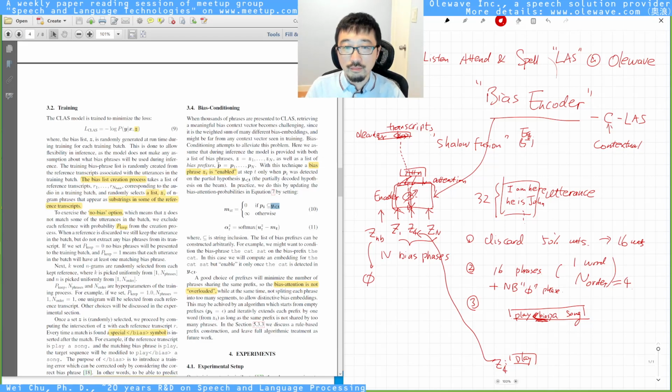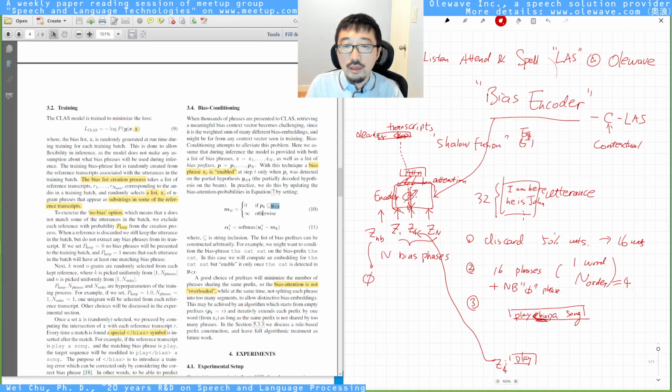You can have a list of bias phrases. Those bias phrases are preset. And then you can also have bias prefixes. What does this mean? If the bias prefix, pi, was detected in the partial hypothesis y less than t, then you don't do anything to the attention weight in the bias decoder.